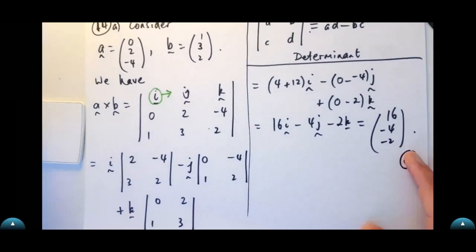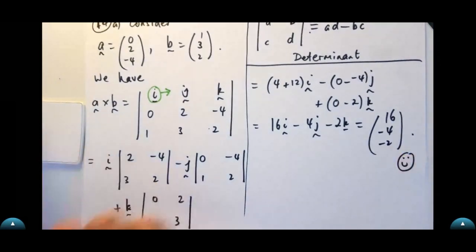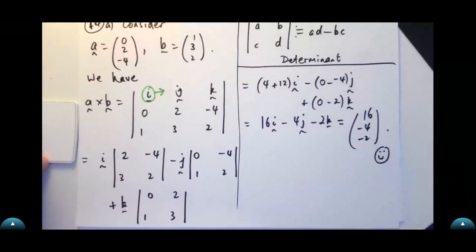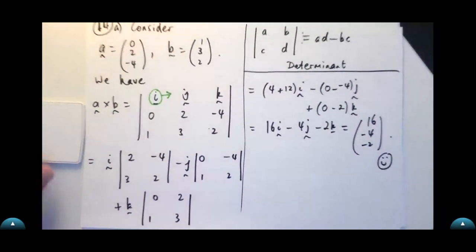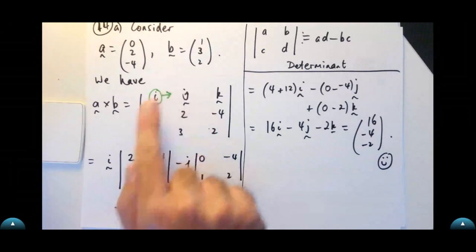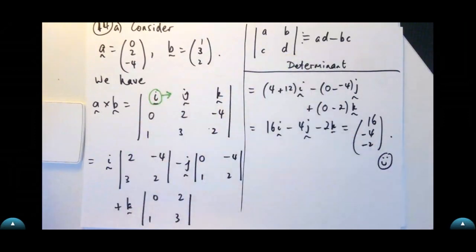Okay. There we have it. Let me just zoom out for a bit. There, that's better. Okay. So that's a pretty easy one. And the nice thing about it is you get to understand a determinant, and they're going to be useful in like week 9 or week 10. All right.